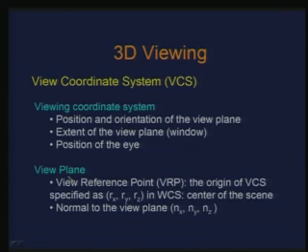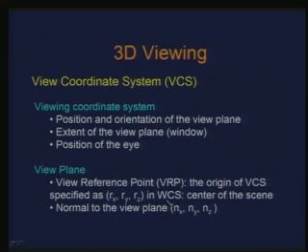Now, considering the view plane, what I have is a view reference point, I call it VRP, which can act as the origin of the viewing coordinate system, and that may be specified as, let us say, Rx, Ry, Rz in the world coordinate system.